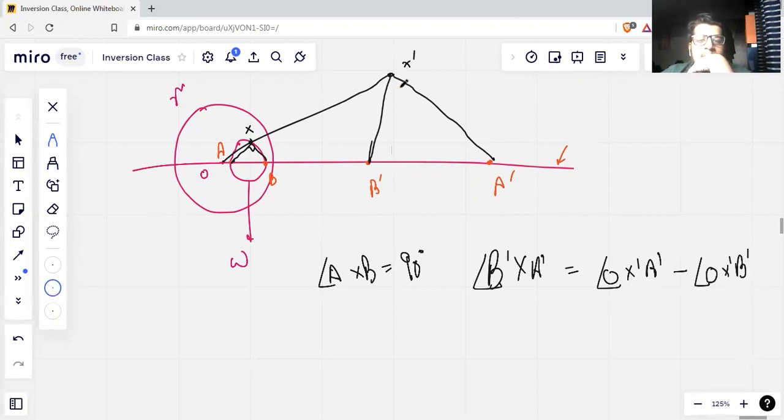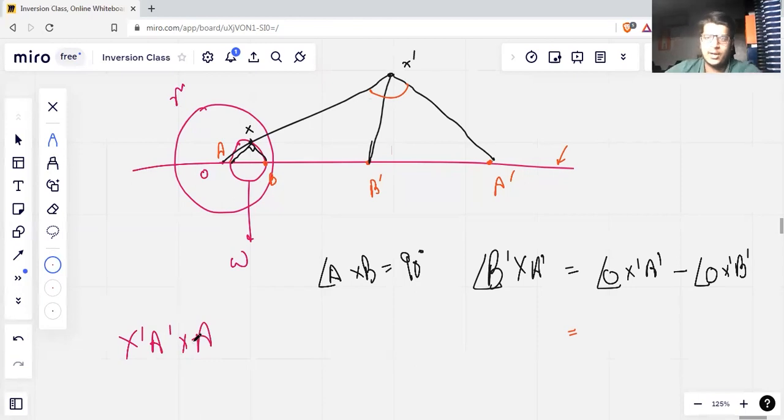So this angle is this big angle minus this small angle, right? Now angle OX dash A dash, this angle. Notice that X, A, X dash, A dash are cyclic because X dash and A dash are inverses of X and A. And by that lemma which I've been saying since the start, these 4 points should be concyclic.